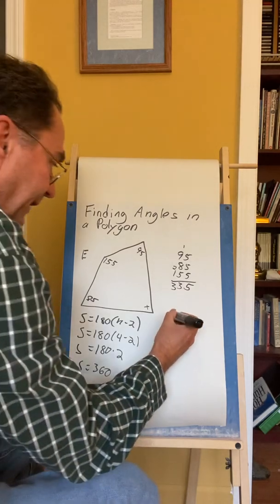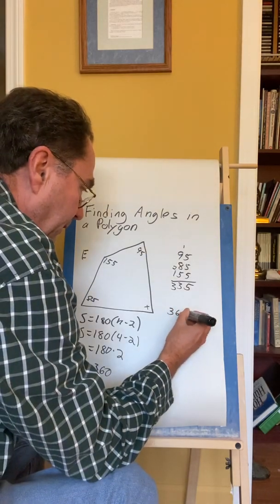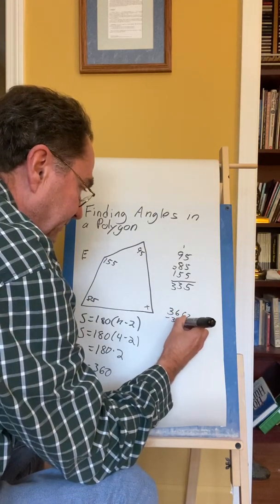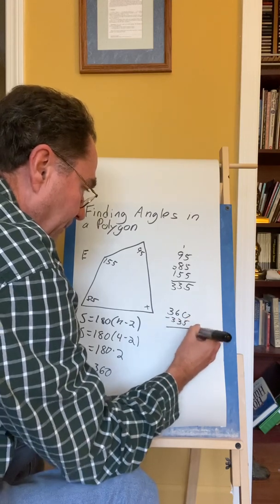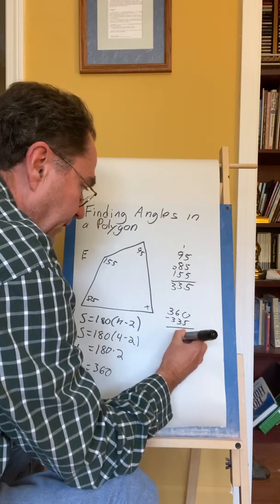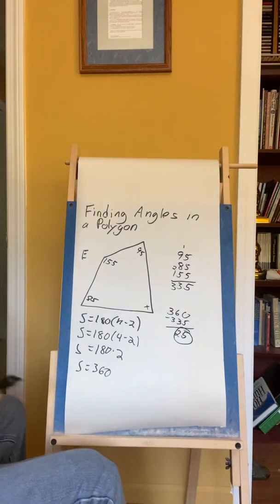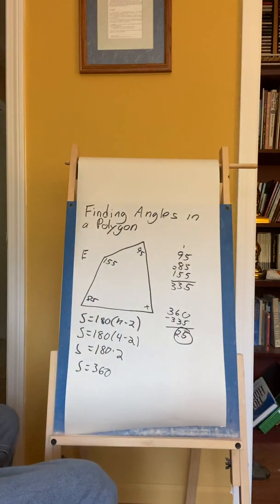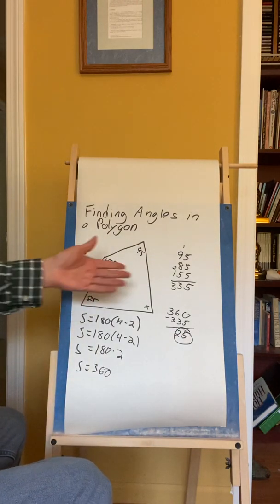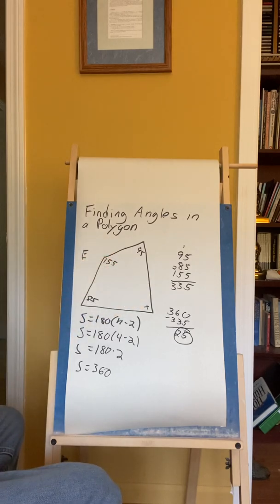We subtract that number from 360, because that's the sum, and we get 25 is the number of degrees in that missing angle. Of course, you can use a calculator, but sometimes numbers like that I just like to add up in my head. And the problems are very similar to a triangle.